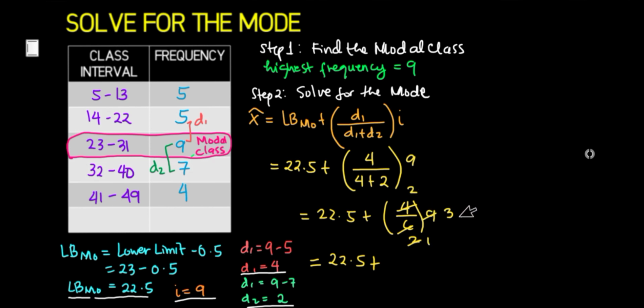So, dito naman sa class size, 3 na lang siya. So, 2 times 3 is 6 over 1. So, hindi na natin isusulat yun. Okay na yun. So, ang x hat or yung mode ay 22.5 plus 6. That will be 28.5. So, yan po yung mode, 28.5.